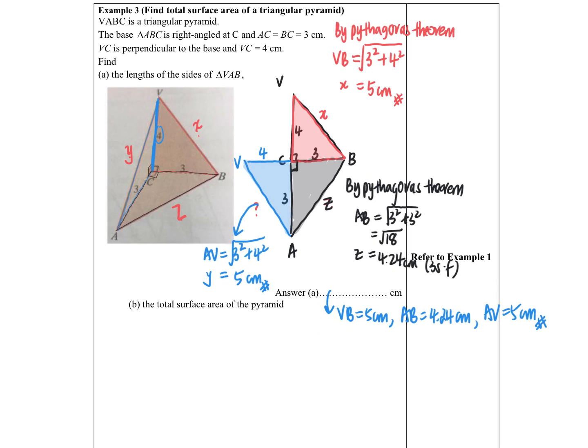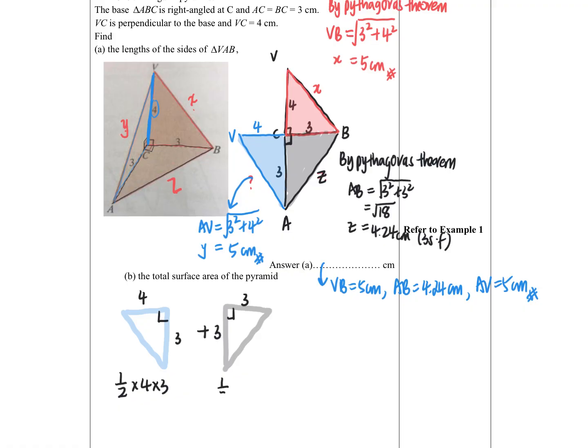So first one is the blue one. So this blue one, right angle 4 and 3. So half times base times height. Next one is the black triangle. So same thing. This is 3, this is 3. So half times 3 times 3.